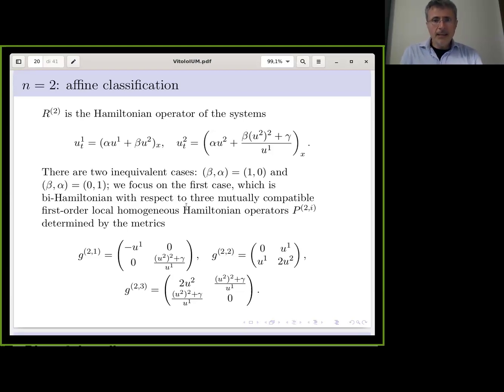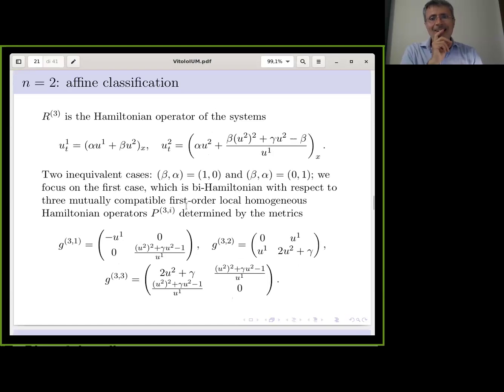Okay, and then we can consider R3, and again, we have basically the same situation. So we have that such systems, the Hamiltonian systems of the third-order operators, are also Hamiltonian with respect to three different compatible operators of the first order. It should be said that all three are compatible with the third-order operator, but they are also compatible between themselves.